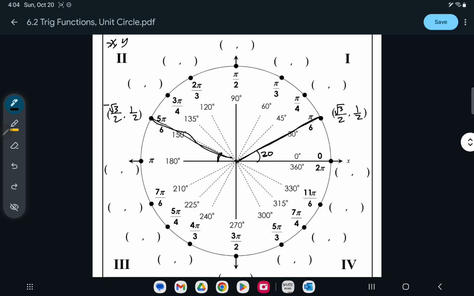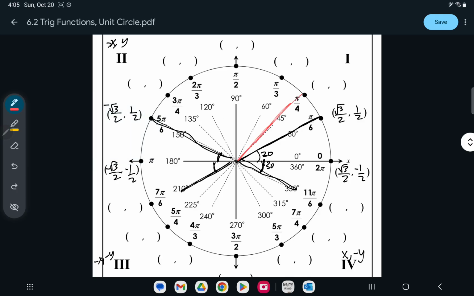Y's are positive. So it's a negative √3 over 2 and a positive 1/2. Now, the third quadrant, you're going to have negative x, negative y. So both are going to be negative. And it's going to be this angle here that has that reference of 30. So negative root 3 over 2, negative 1/2. And then the last quadrant is going to be this one that has that reference angle of 30. And this one is positive x, negative y. So root 3 over 2, negative 1/2.